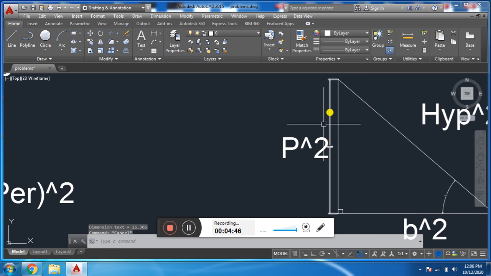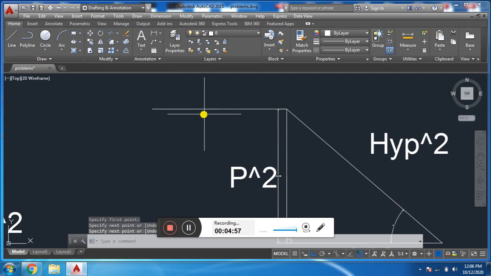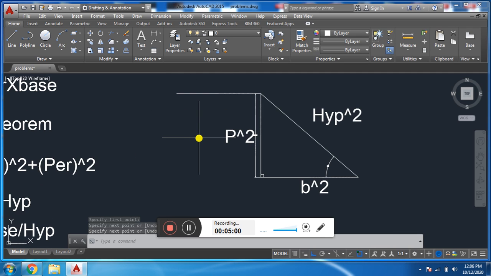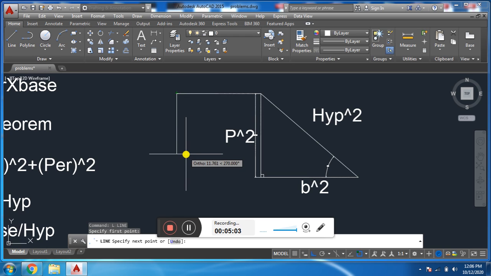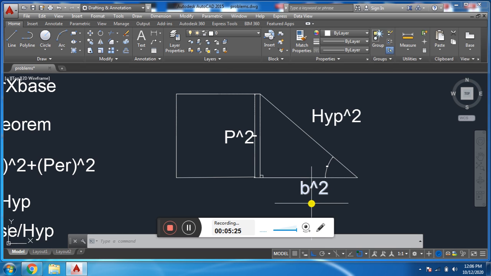It means this square. Similarly, this value means this square, and its base square means here it becomes a square.